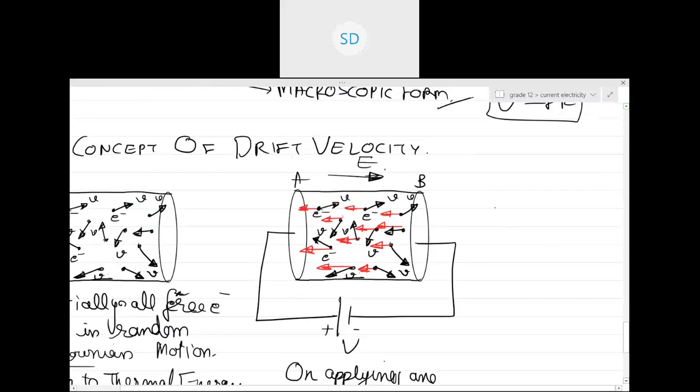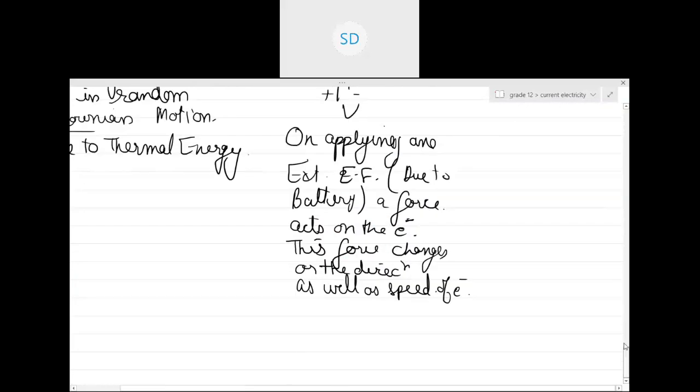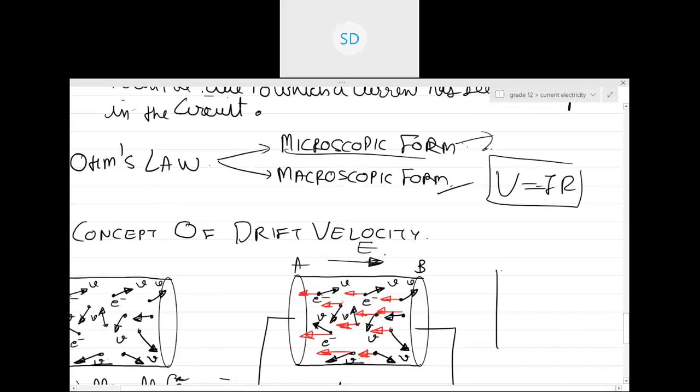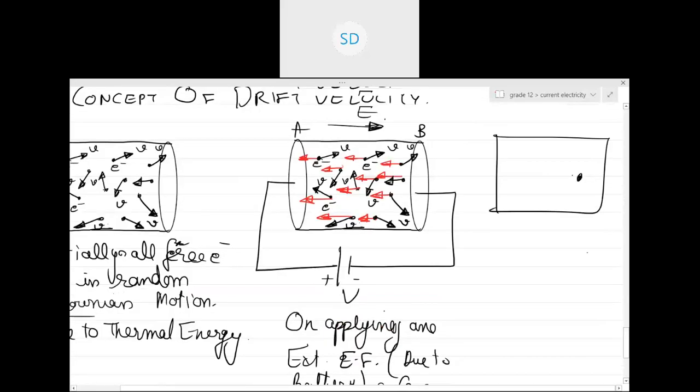Now what happens is, as soon as this force starts to change the whole thing, the electrons collide with each other, right? Suppose this is only one electron which I am talking about. With respect to the rest of the electrons, how is its motion? This electron will be going like this and this.